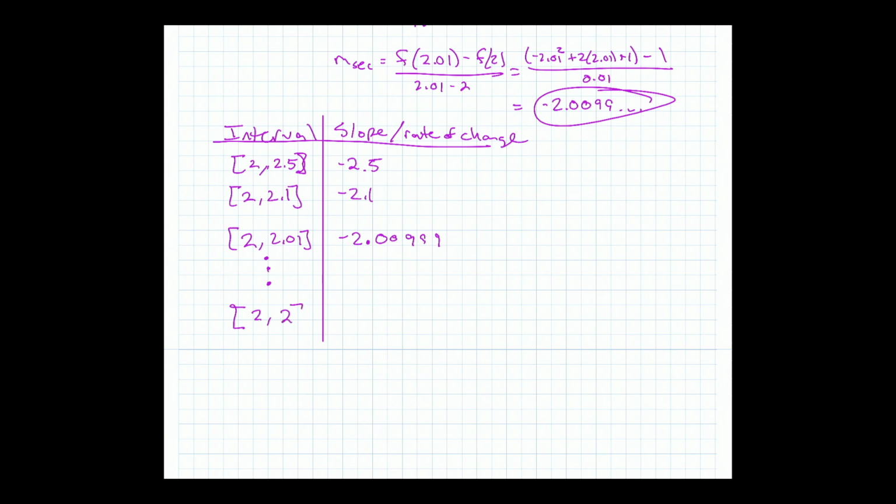Now, the idea is, if you just imagine that we continue this on forever, dot, dot, dot, let's say we just went 2 to 2. Now, you can't really do it 2 to 2, but imagine, right? If you did that, what answer would we get right here? And hopefully you can see that what's happening is these are getting closer to negative 2. So if you wanted to guess at the result that would go right here, you would guess negative 2.